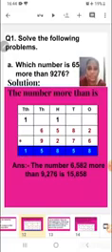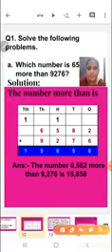Children, so the number more than is 15,858. Write down the answer properly. We will write down as the number 6,582 more than 9,276 is 15,858.